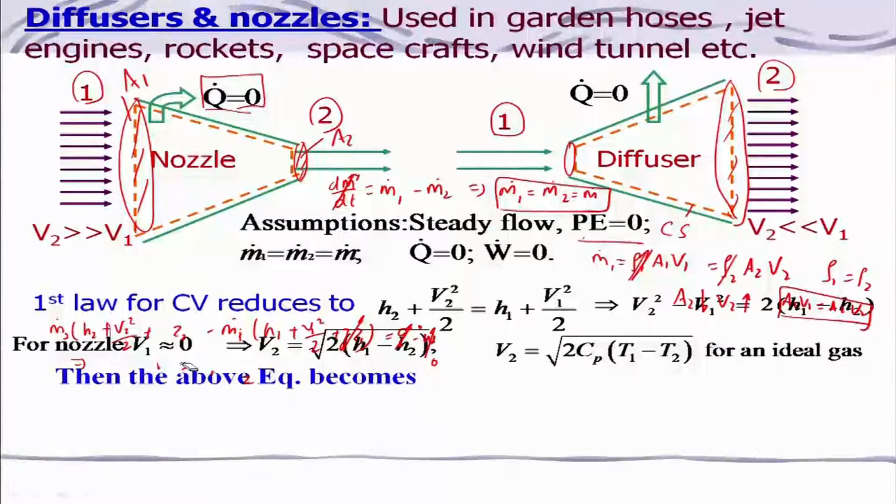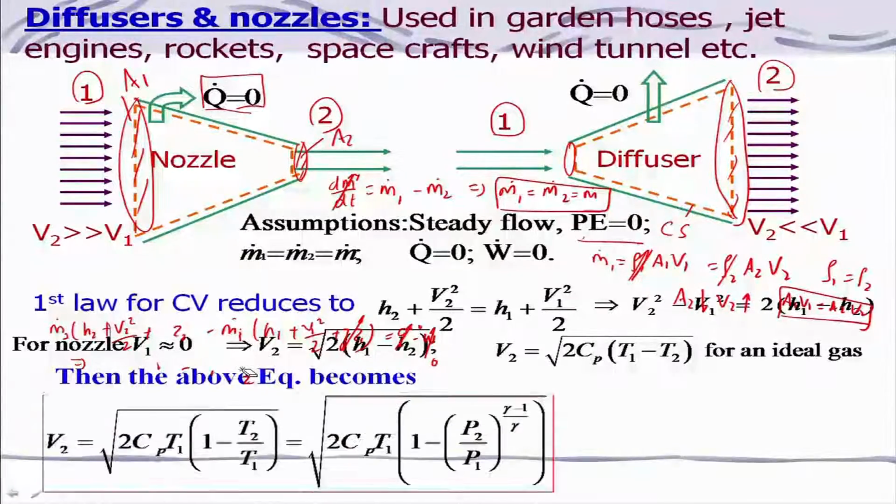The above equation becomes V2 is equal to root over 2 Cp T1, taking a bracket of (1 minus T2 by T1). If I assume the flow to be isentropic, then I can relate the temperature ratio T2 by T1 to the pressure using the isentropic relationship, that is T2 by T1 is equal to (P2 by P1) to the power (gamma minus 1) divided by gamma.